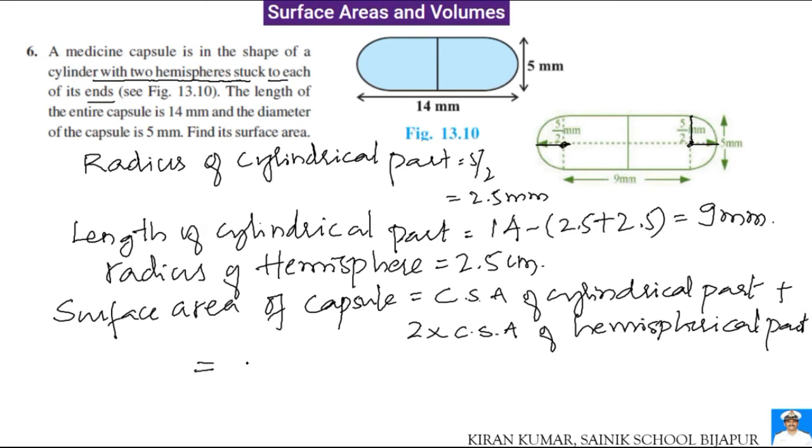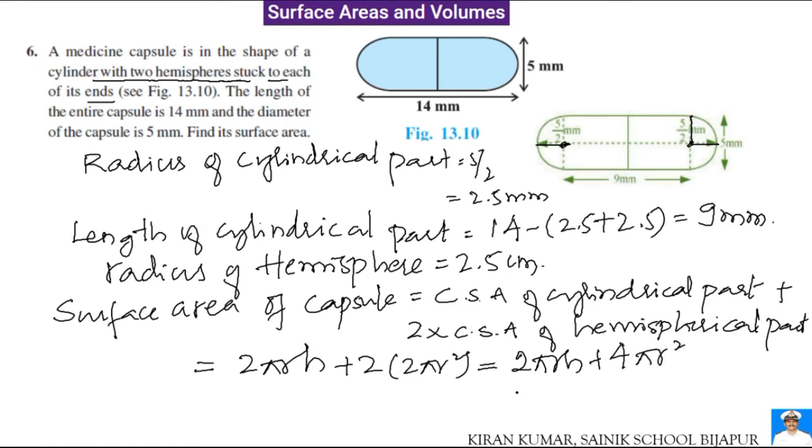So this will be equal to 2 pi r h plus 2 times 2 pi r square. So we get 2 pi r h plus 4 pi r square. We can take 2 pi r as common. I'll be getting h plus twice of r.